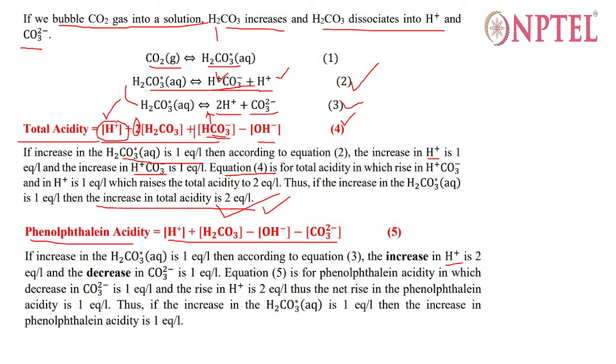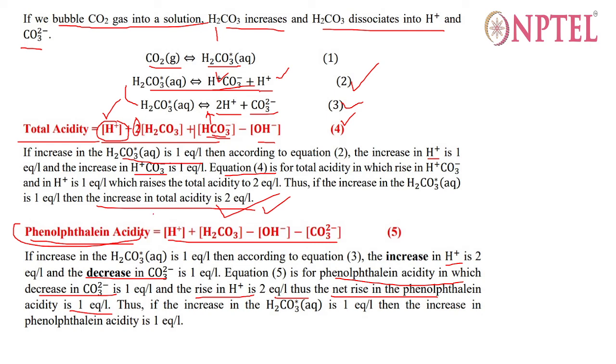The increase of H plus ion will be 2, and the decrease of CO3 2 minus ion will be 1 equivalent per liter, because it is taking up 1 carbonate ion to form this H2CO3. So the net rise of phenolphthalein acidity will be 1 equivalent per liter.